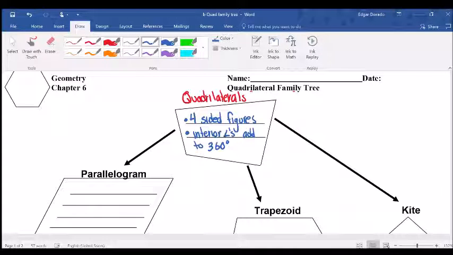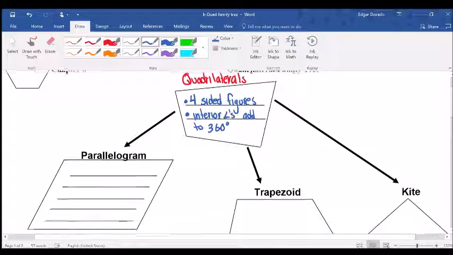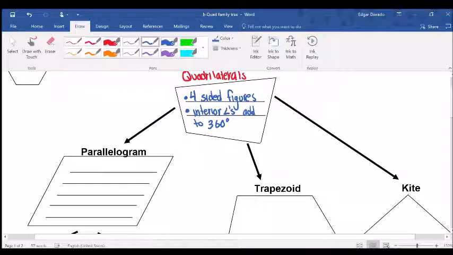Okay, so whether we're talking about any of these subsets of quadrilaterals below, they will all definitely have these two characteristics. They will have four sides, and they will all add up to have interior angles of 360 degrees. Okay. All right, let's go ahead and take a look at parallelograms.